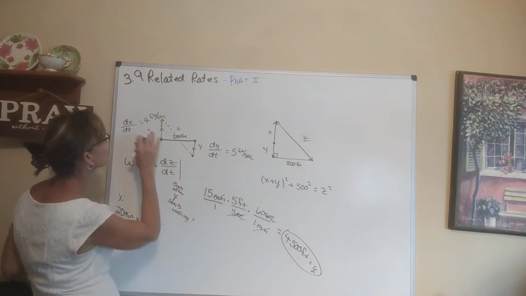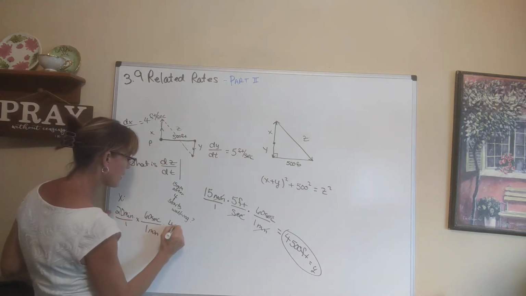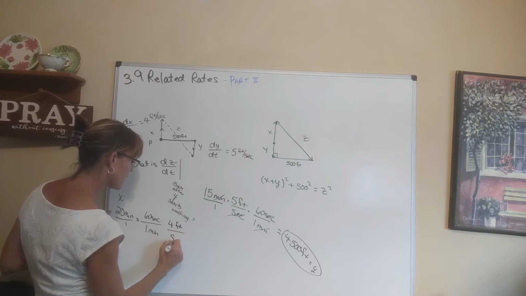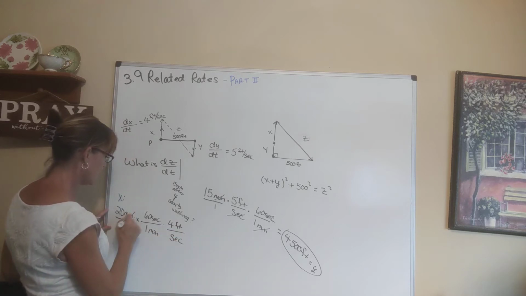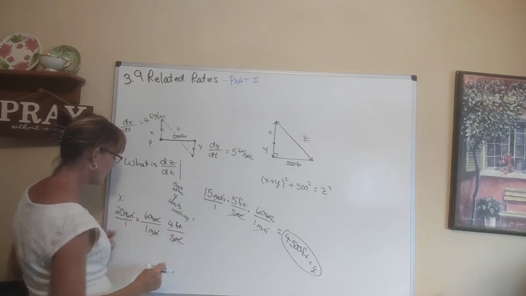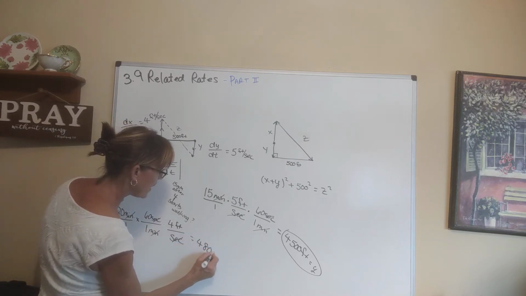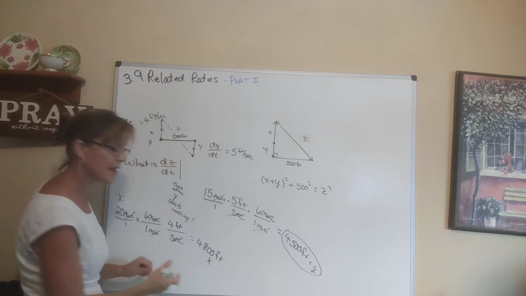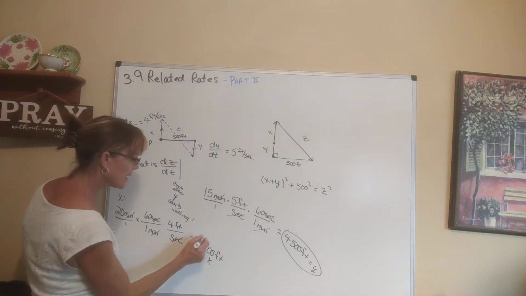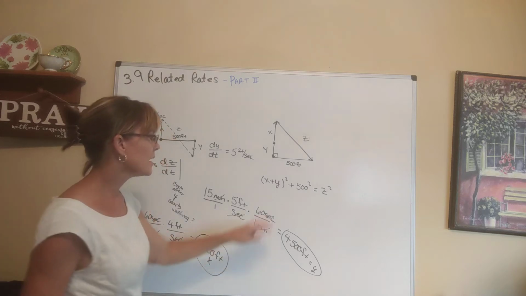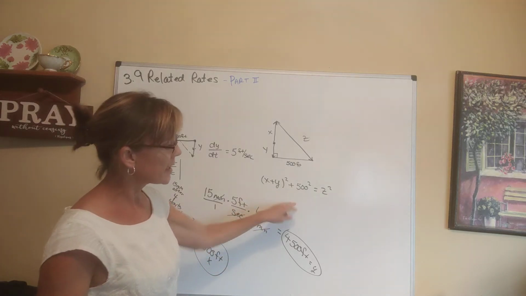Times his rate is 4 feet per second. Seconds cancel. We multiply these numbers together and we get 4,800 feet, which is how far he has traveled in that amount of time. So this is what x is. This is what y is. This is the formula we need to take the derivative of.